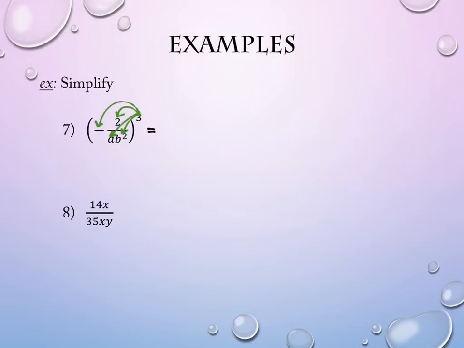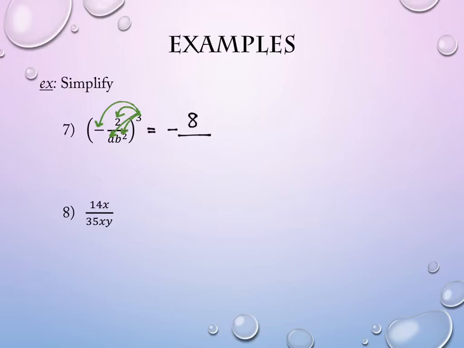So if I have a negative times a negative times a negative, 3 negatives, will my answer be negative or positive? Negative. So my answer has to be negative because I have cubed the negative. I'm also cubing the 2. So what is 2 cubed? It is 8. 2 cubed, not 2 times 3, but 2 cubed is 8.